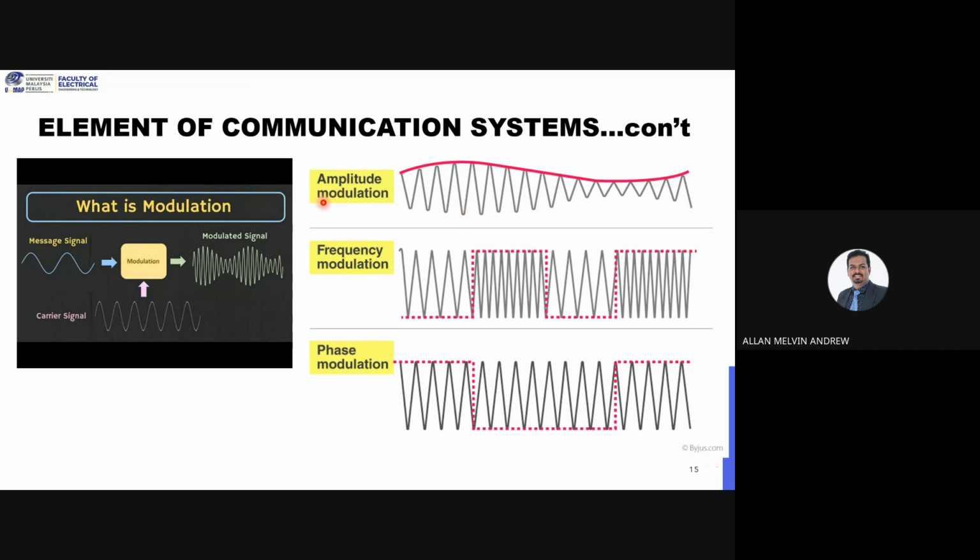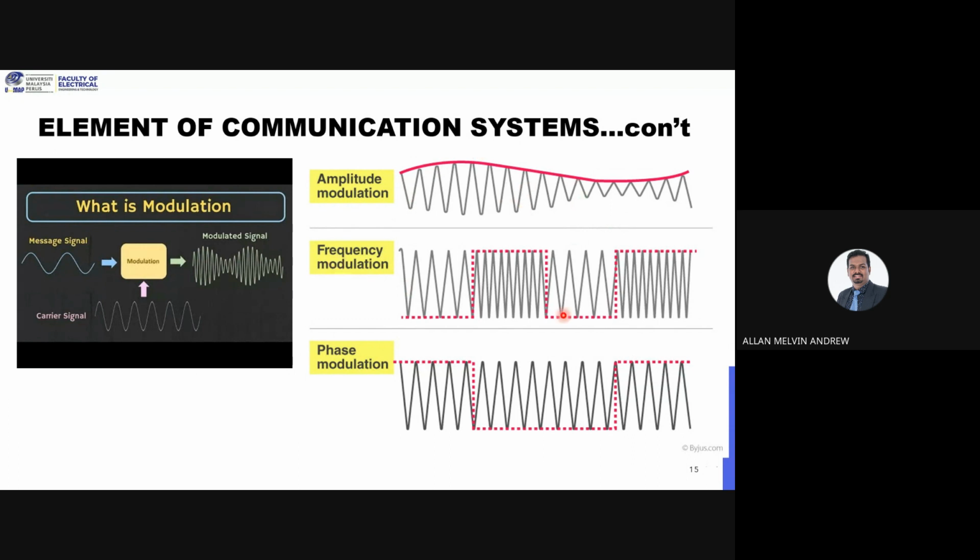This is an example of amplitude modulation, this is an example of frequency modulation, and this is phase modulation. You can see from the shape itself that the message can be the same, just the carrier signal is different, and this waveform depends on the carrier signal. For amplitude, you are playing around with different amplitudes.